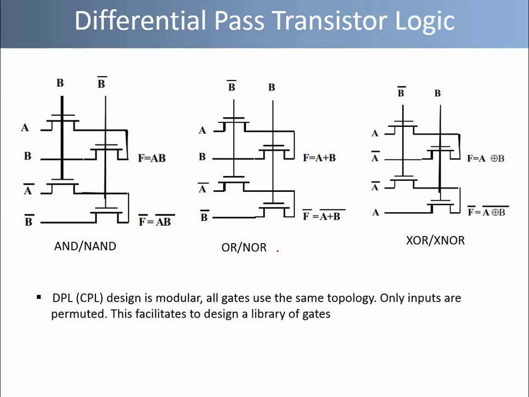Similarly, we have a OR NOR gate and XOR XNOR gate combination. An important advantage of this logic style is that it is modular. It means that all basic gates are built on the same topology, like you have the same arrangement of transistors in them. The only difference is that the inputs are permuted. By a specific arrangement of inputs, you can obtain the desired Boolean function in normal and its complementary form.